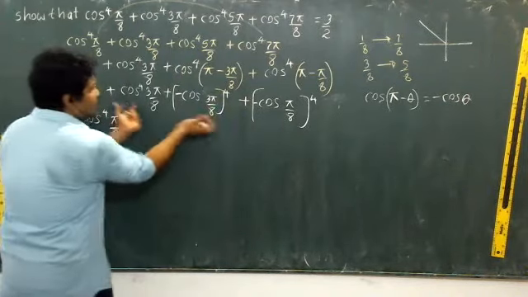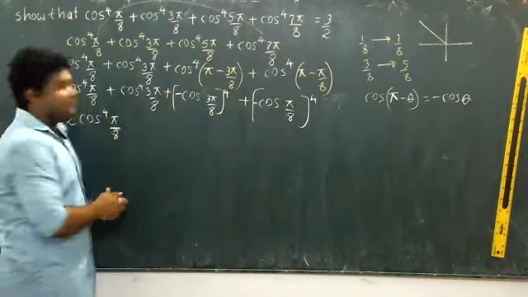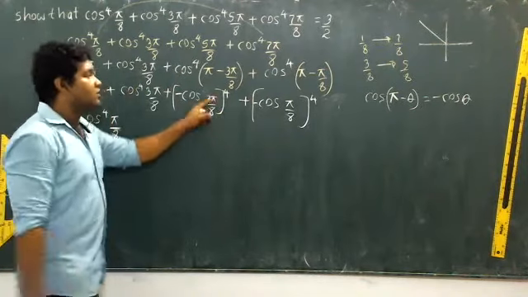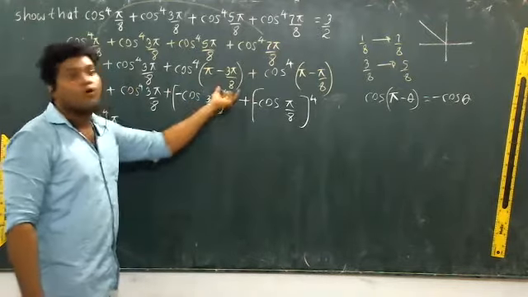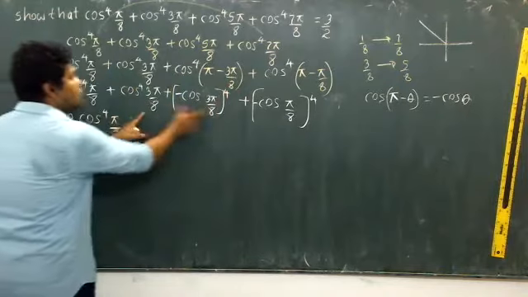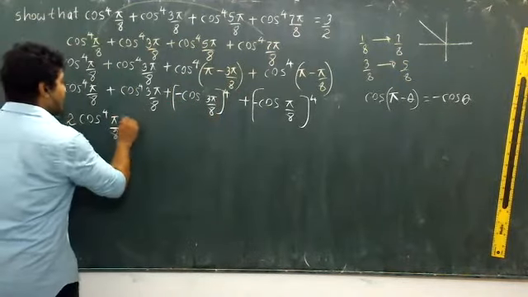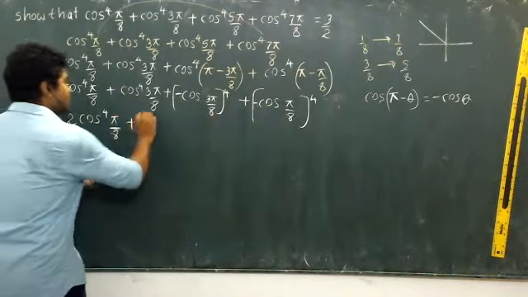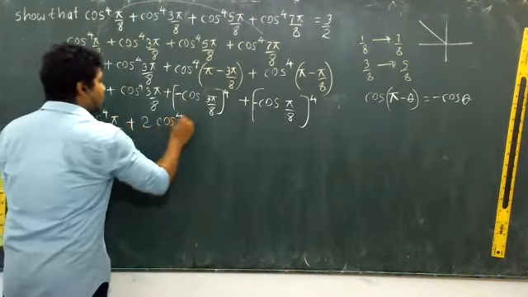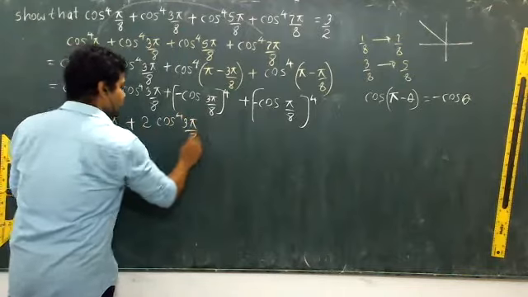And getting these two terms together, what happens now? Cos⁴(3π/8) and minus cos(3π/8) to the power 4. Then minus to the power 4 will be positive. Therefore, there are two equal such terms. Then we can write 2 times the same term, cos⁴(3π/8).